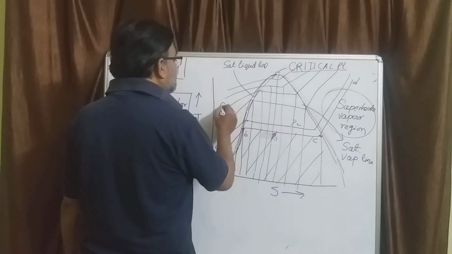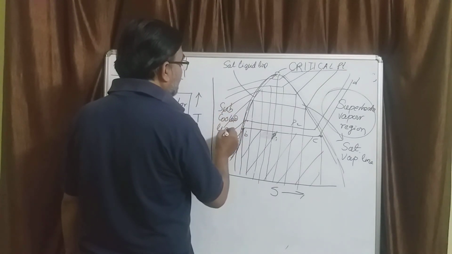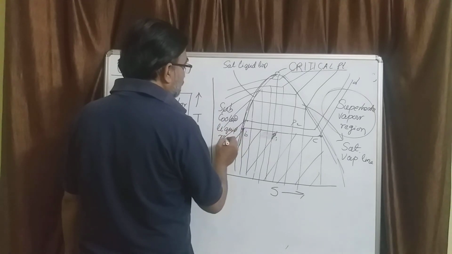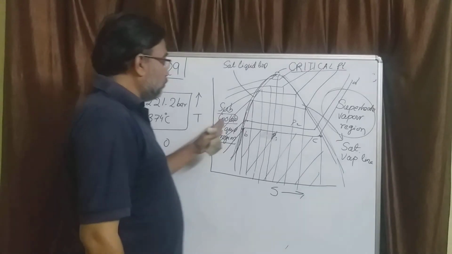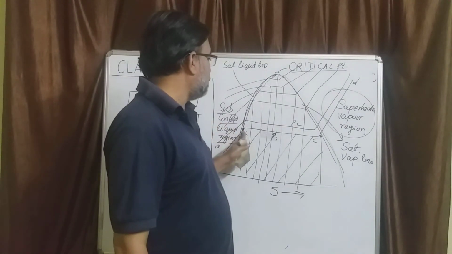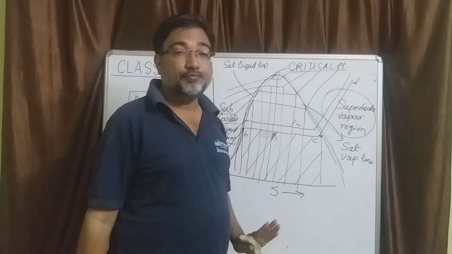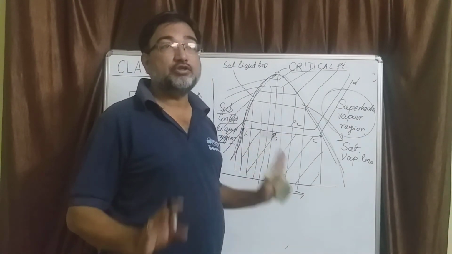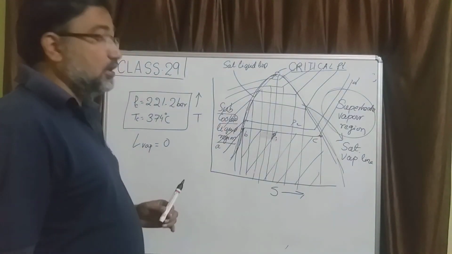And left to this is called subcooled liquid region. Subcooled liquid region. Okay, so subcooled liquid region, saturated liquid, transition, saturated vapor, and superheated vapor. So this much we learned as far as the TS diagram is concerned.